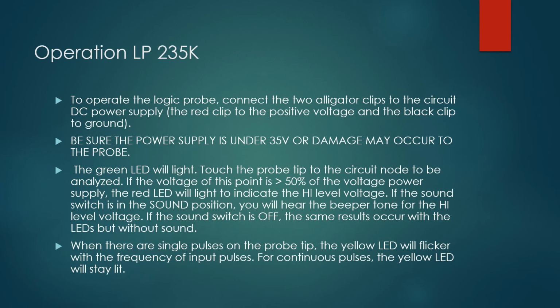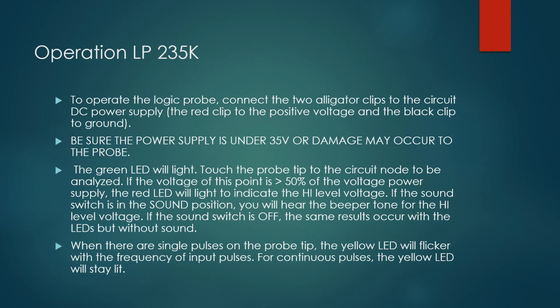To operate the logic probe, connect the two alligator clips to the circuit DC power supply, red clip to the positive voltage and black to the ground. Be sure the power supply is under 35 volts or it can damage the probe. The green LED will light. Touch the probe tip to the circuit node to be analyzed. If the voltage at this point is above 50% of the power supply voltage, the red LED will light to indicate high level voltage.